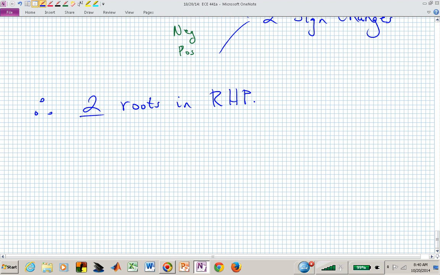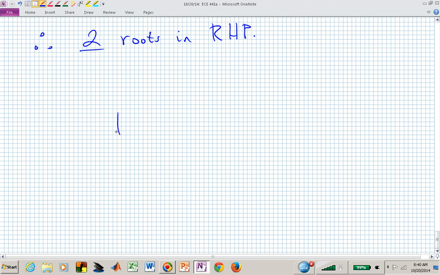Did you guys ever use synthetic division in 3rd grade or sometime? But our polynomial was s cubed plus 0s squared minus 3s plus 2. That 2 hanging out there in the constant is begging us to guess that 2 or minus 2 might be a root of that.